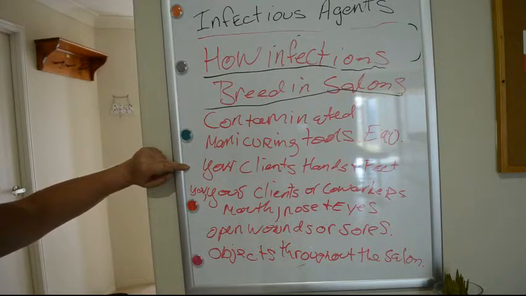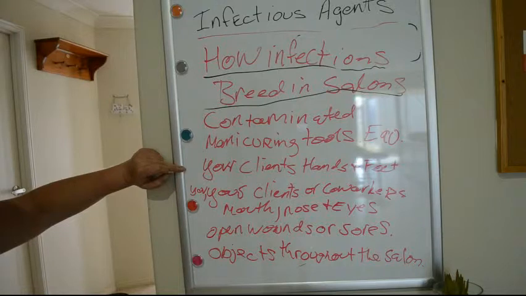When you perform a service on this client, you are at risk of being infected by these germs. When you perform artificial nail services, you risk trapping your client's germs between her natural nail plate and the artificial nail.